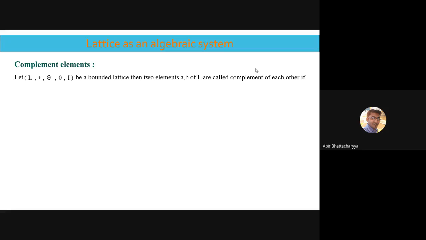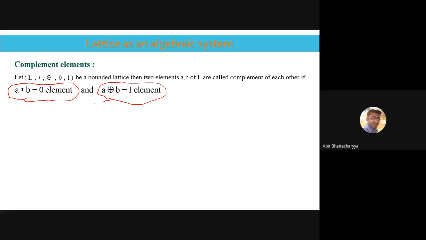Then any two elements A and B from capital L are called complements of each other if A * B equals the 0 element and at the same time A +circle B equals the I element. Both are satisfied simultaneously.